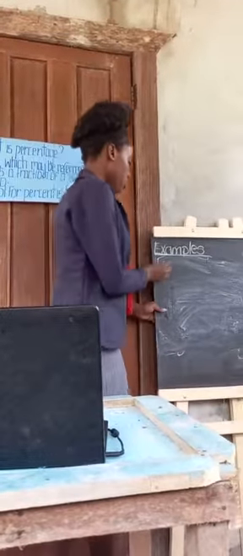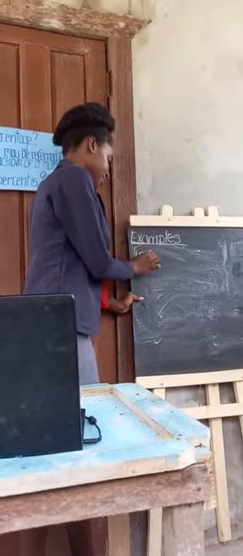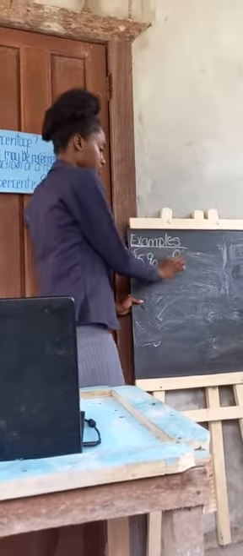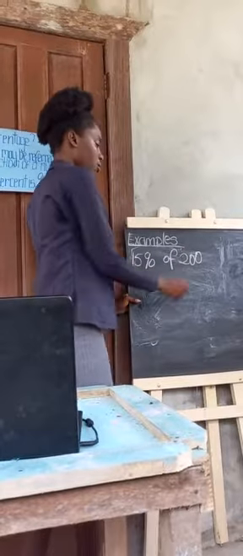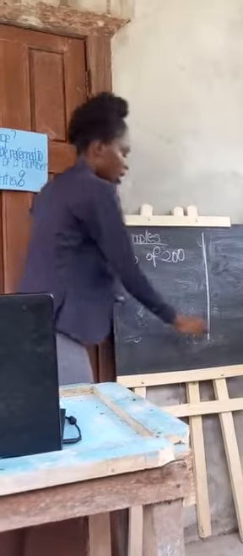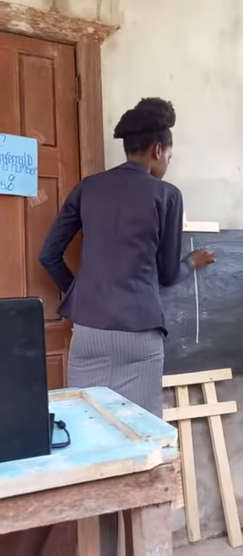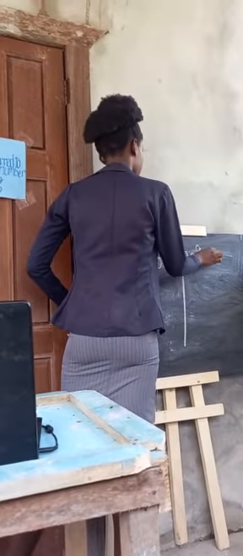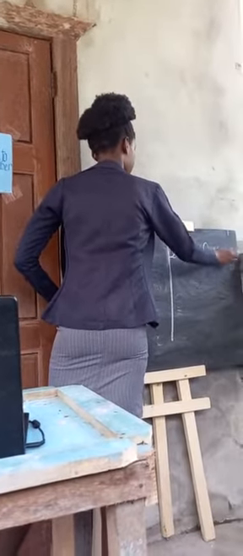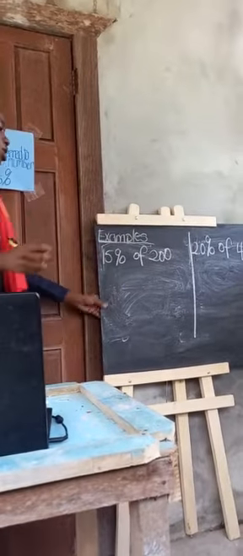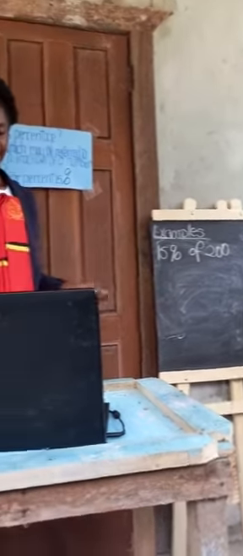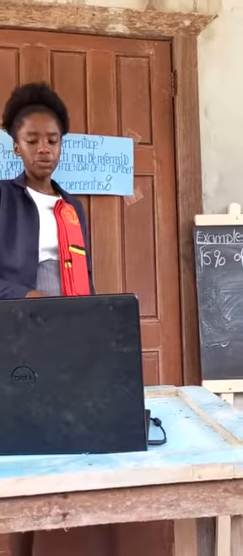Good. So let us work 15% of 200. And I also want you to try 20% of 40. What are we going to do? What is the first thing we're going to do, Rondell?